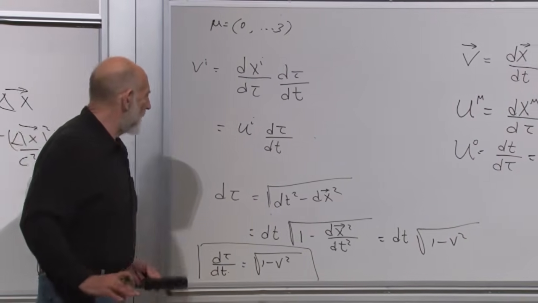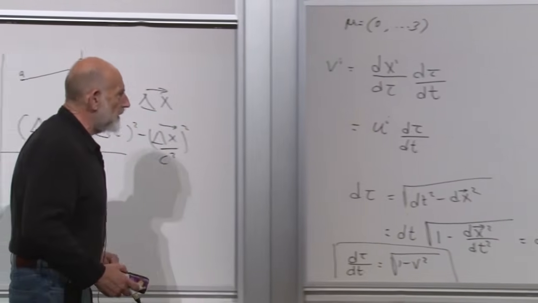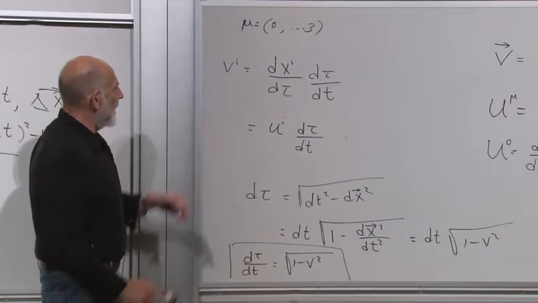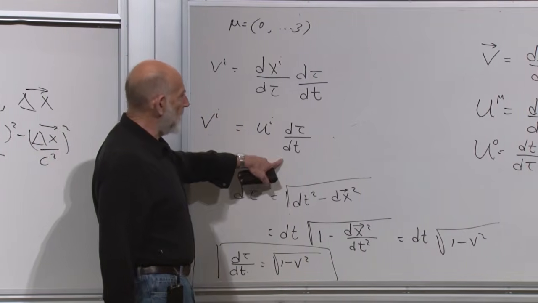On the other hand, relativistically we worry about it. What about here? v sub i is u sub i times d tau by dt.